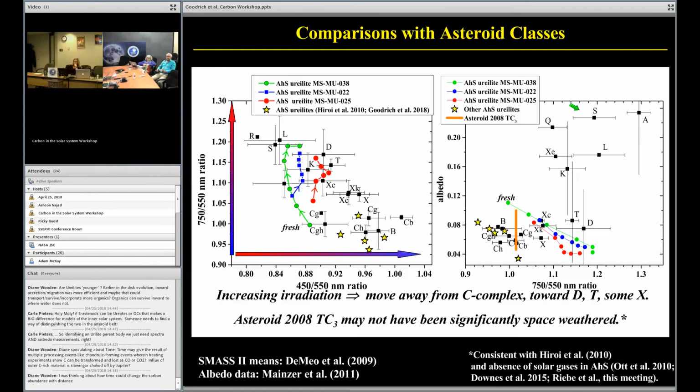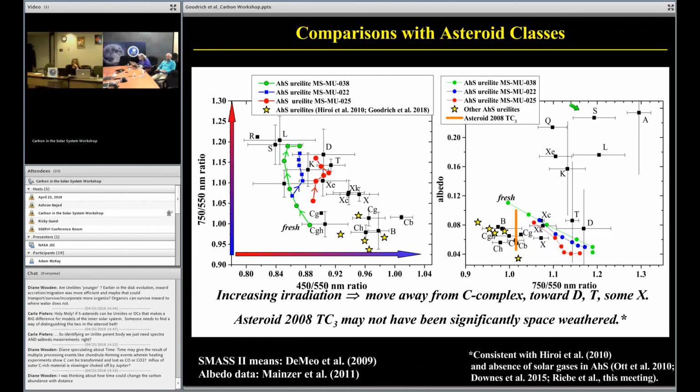Well, Diane writes, I was thinking about how time could change the carbon abundance with distance. And I think that's a reasonable supposition, that to some extent the nebula is reprocessing and replenishing things like water, ices of various sorts, and certainly chondrules.